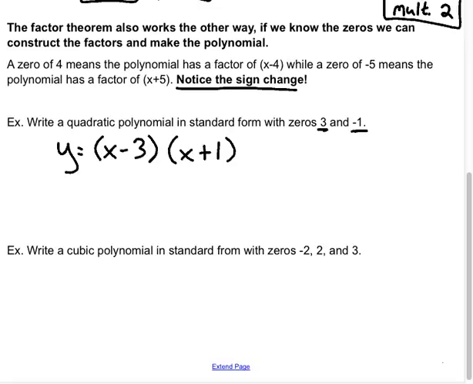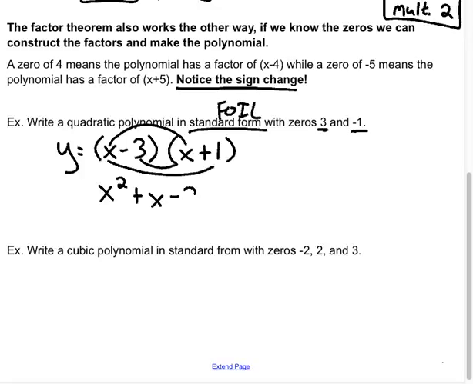Now notice it says standard form. So how do I get there? Well, that means I'm going to have to FOIL this thing out. x times x is going to be x squared plus x minus 3x minus 3.